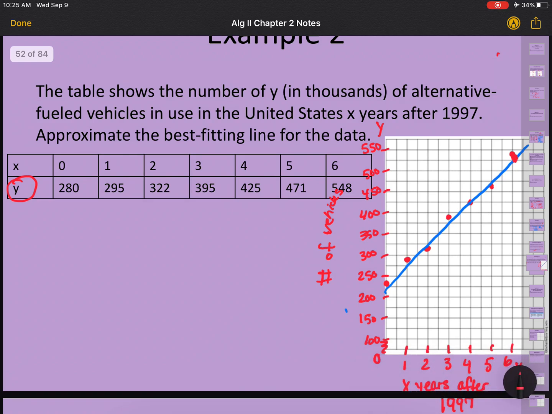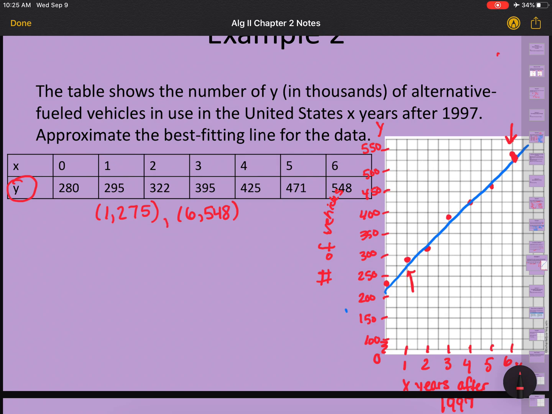So I'm going to pick this one right here. That one was 6, 548. And maybe this one right here. That one was 1, and according to right here on the graph, that is at 275.